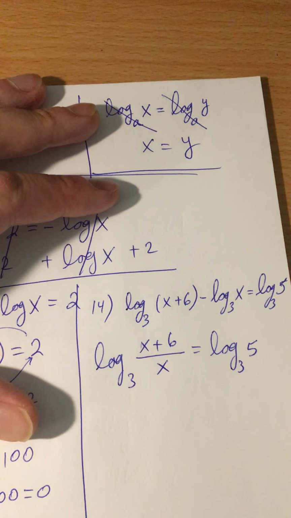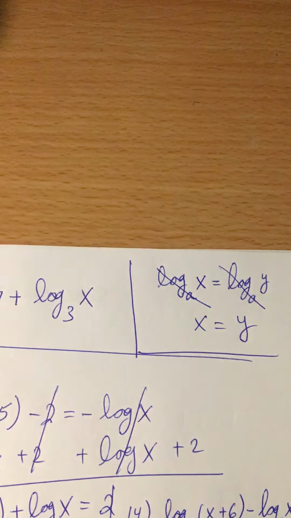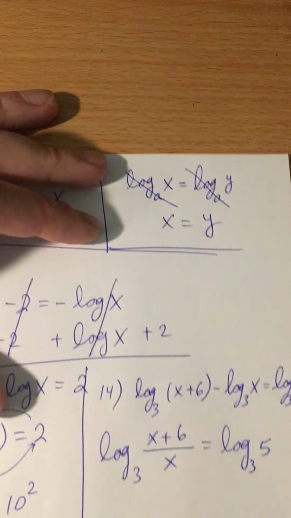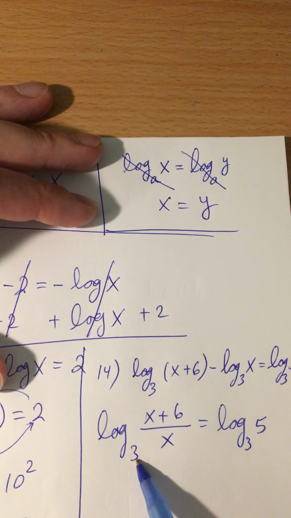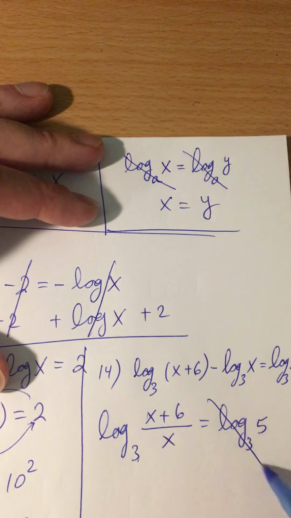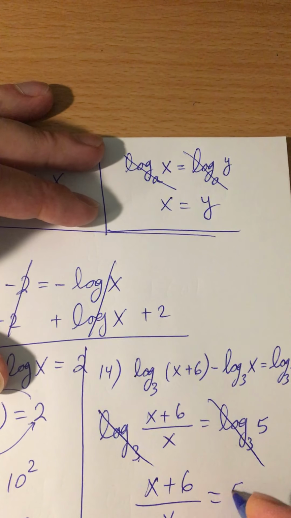So it kind of relates to the other property I showed you for exponentials. Do we have a single logarithm on the left? Yes. Do we have a single logarithm on the right? Yes. Do they have the same base? Yes. Forget about them. So I got x plus 6 over x equals 5.